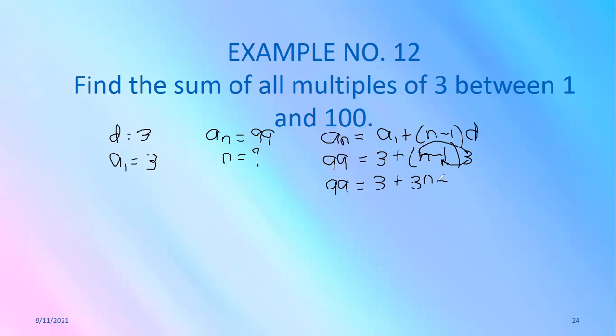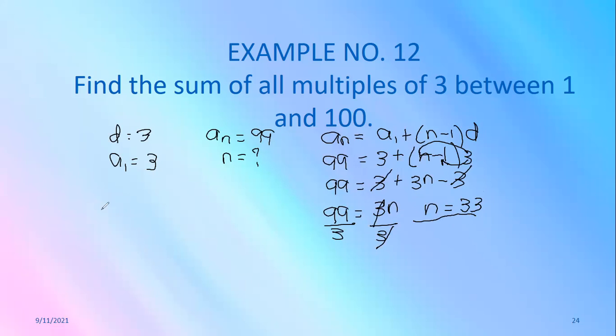Okay, so this is minus 3. So mag-cancel lang yung 3 dito. So si 99, magiging 3n na siya. To find the value of n, i-divide lang natin both sides ng equation by 3. So n is 33. So ano ibig sabihin nitong n na to? Ibig sabihin, 33 numbers ang merong multiples of 3 between 1 and 100.